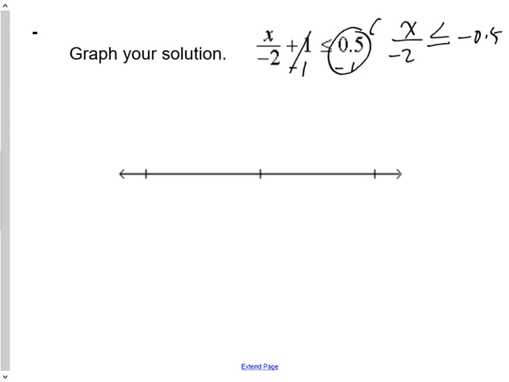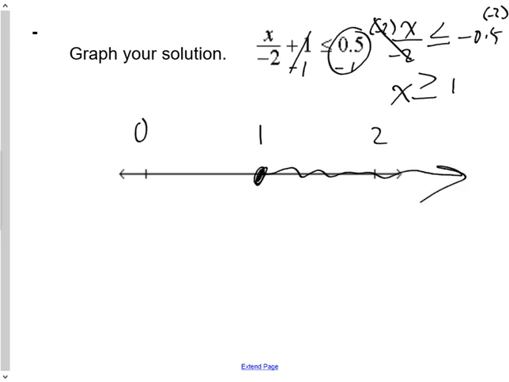I'm then going to multiply both sides by negative 2. And because I multiplied by a negative, I must flip my sign. And a negative half times negative 2 is positive 1. And therefore, all values greater than or equal to 1, 1, 2, and 0. Closed boundary point. And all values greater than 1 are included.